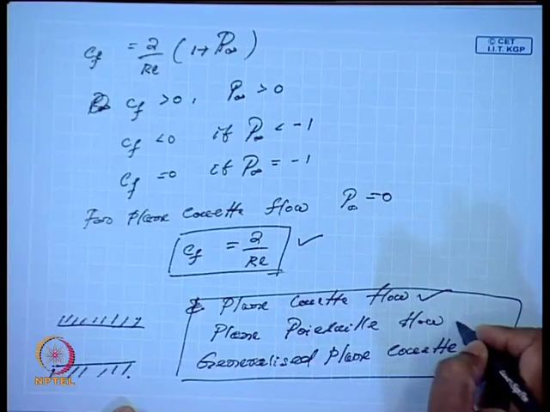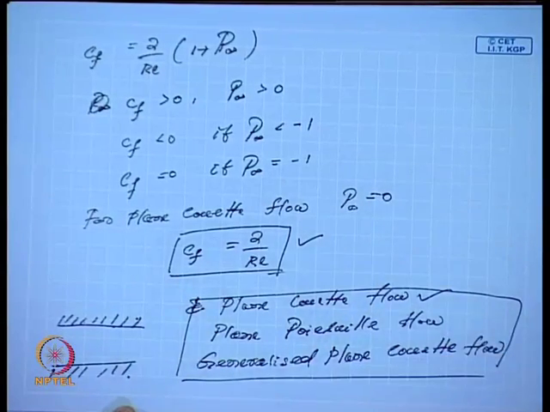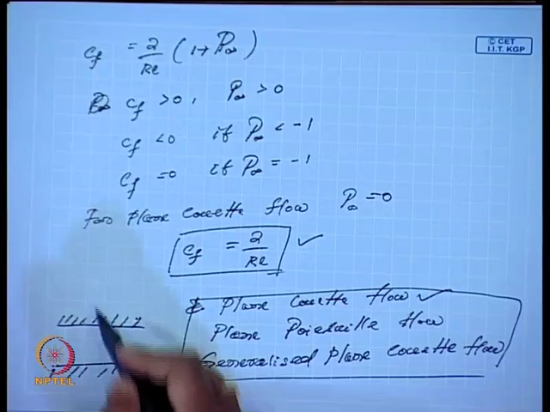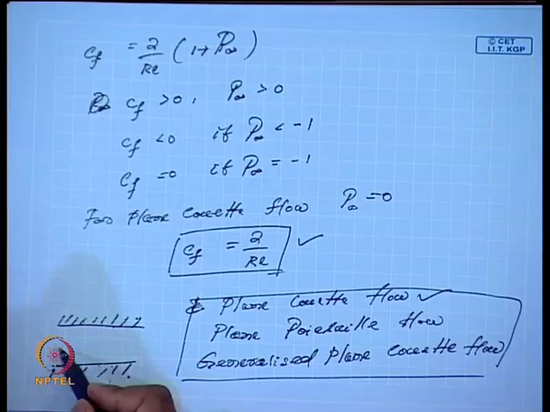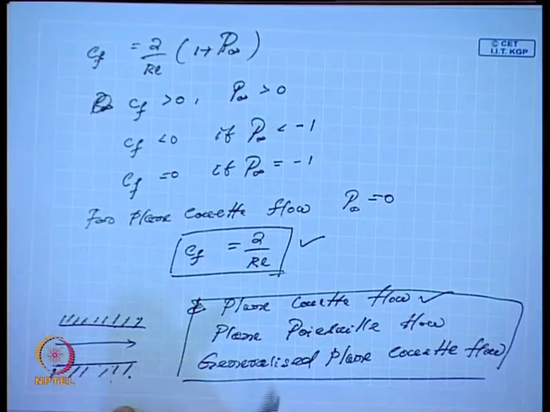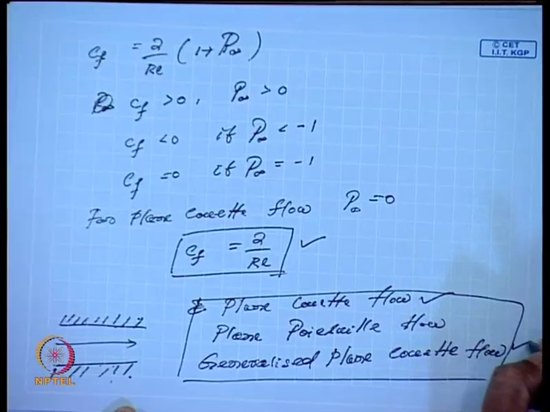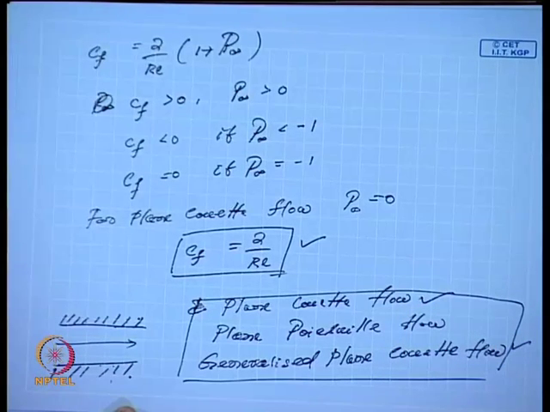On the other hand, in the plane Poiseuille flow, we assumed both the plates are fixed, both the walls of the channel are fixed, whereas dp by dx the pressure gradient is non-zero, and in such a situation we have seen that the maximum fluid speed occurs at the middle. In the case of generalized plane Couette flow, we have seen there are 3 cases.